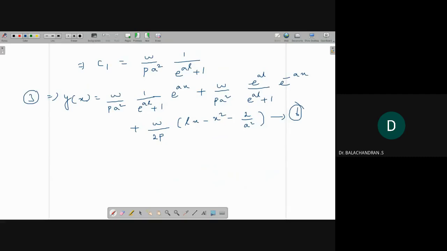Now the question is they are asking for the central deflection. The first question is central deflection. So how to find the central deflection? Anybody? The central deflection is y at where?